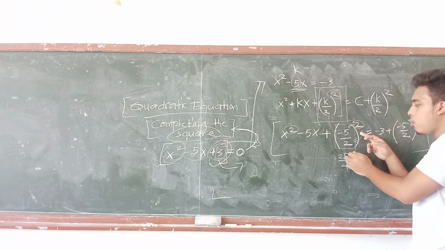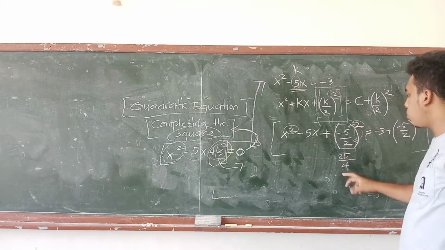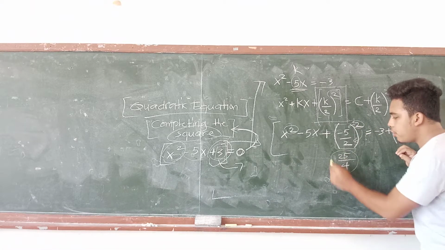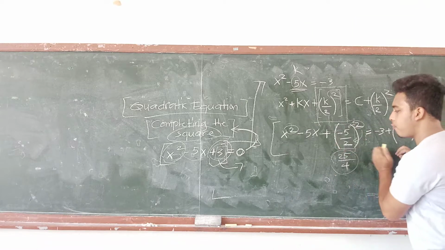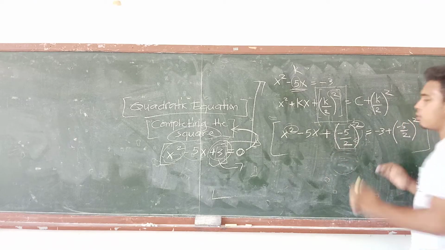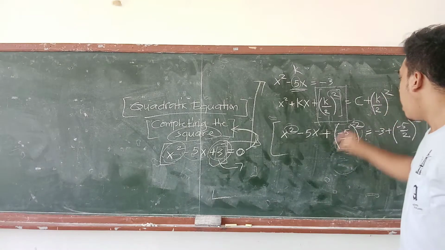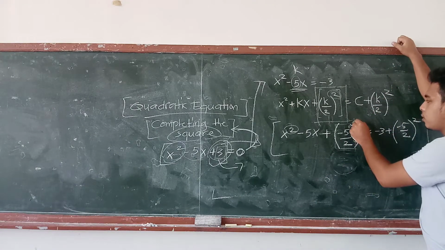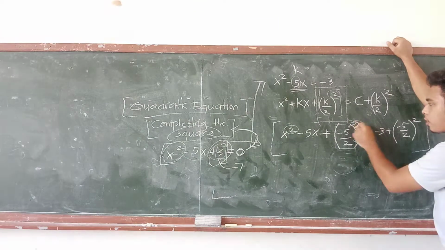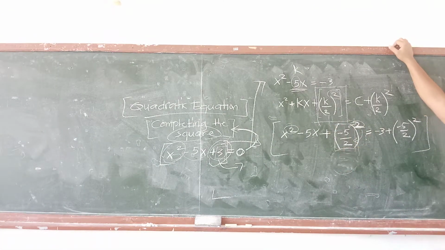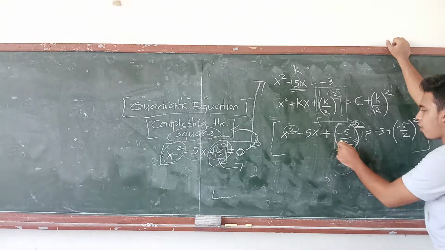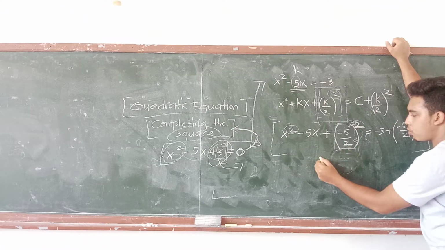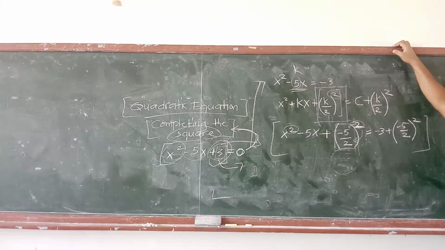So akong gitry og distribute ang atong exponent na to. Then the factor of this constant is equal to negative 5 over 2. So para mas masayon is dili na to i-distribute ang exponent sa atong negative 5 over 2. Para ang negative 5 over 2 mao na siya ang atong last term sa atong binomial.